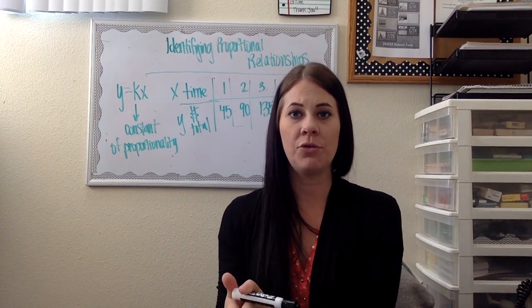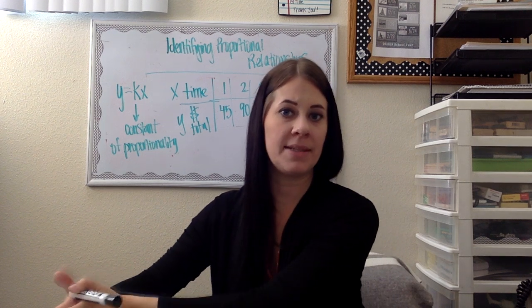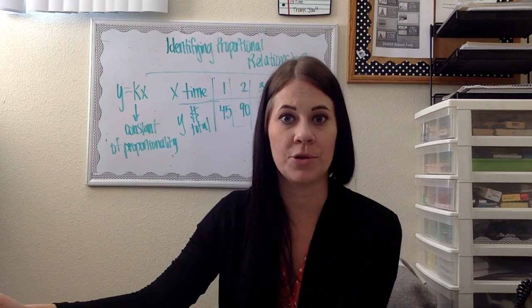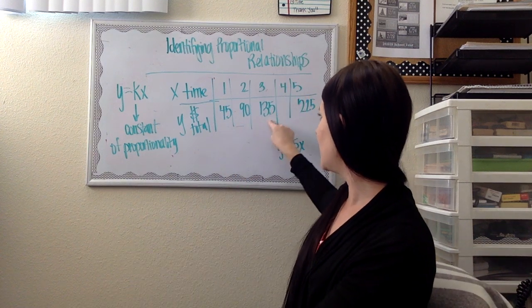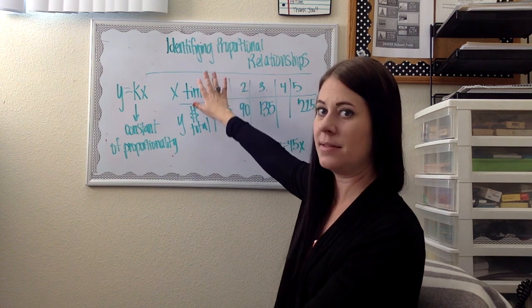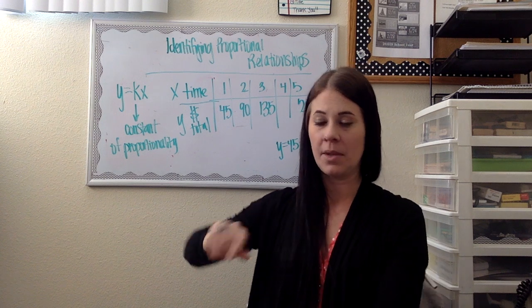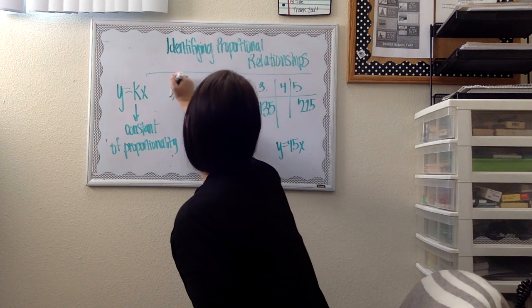If the graph crosses at the origin, which is 0, 0, it is proportional. So, we need to know, does this graph give us a situation where when x is 0, y is 0? Okay? So I'm going to show you a way to tell.